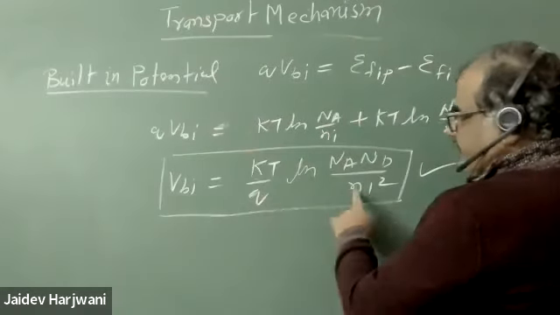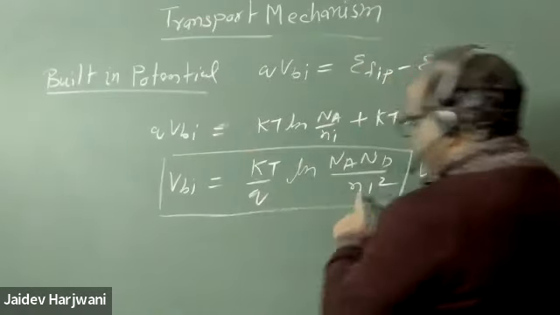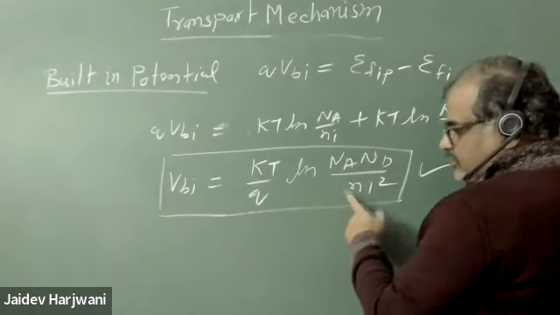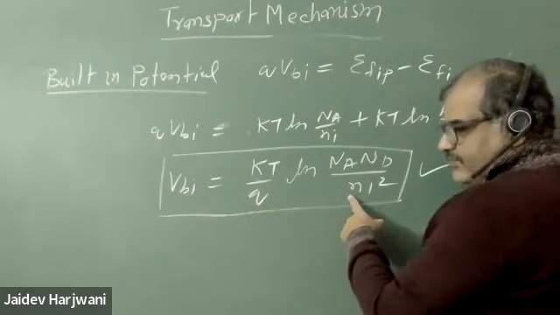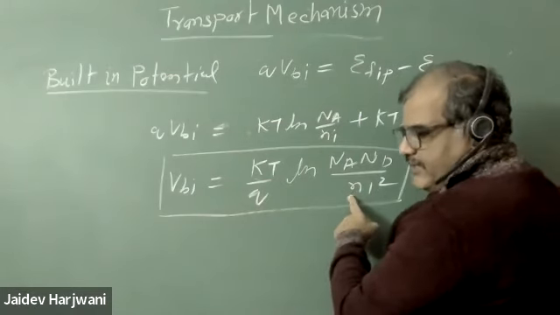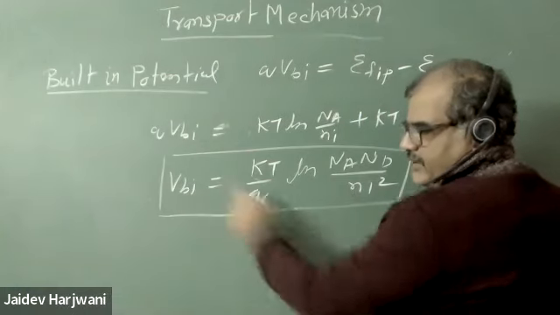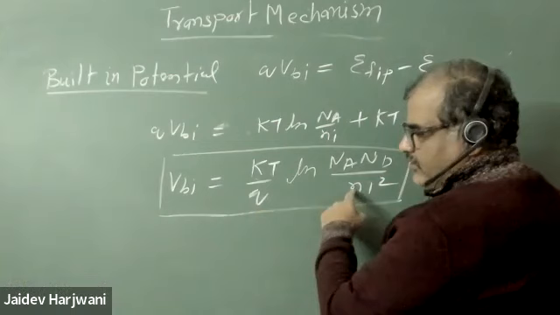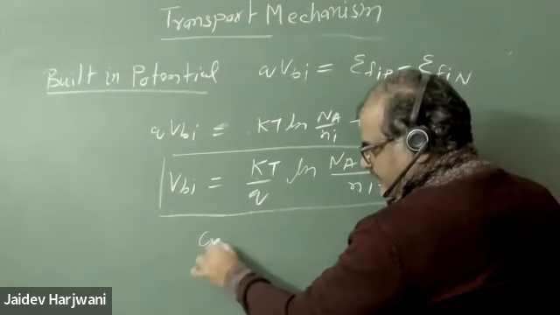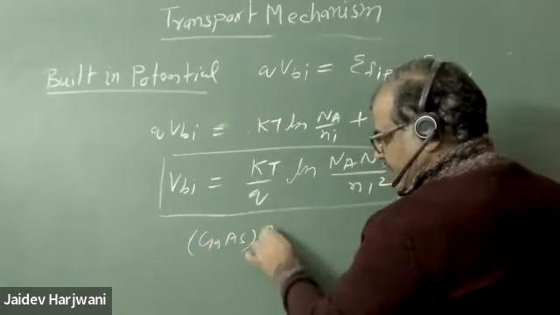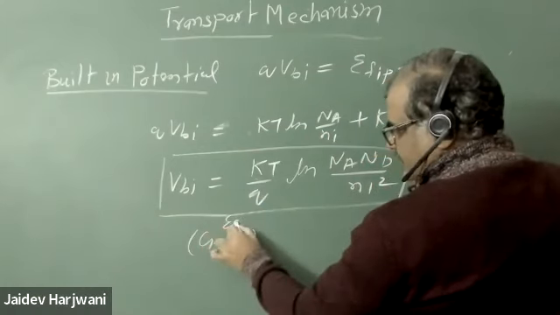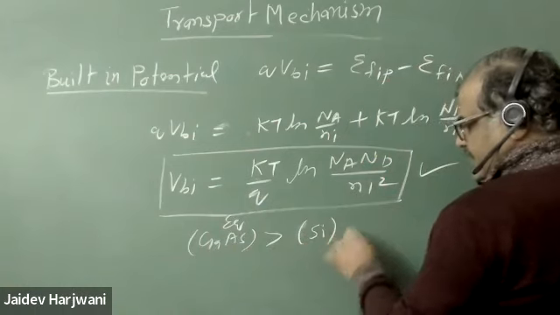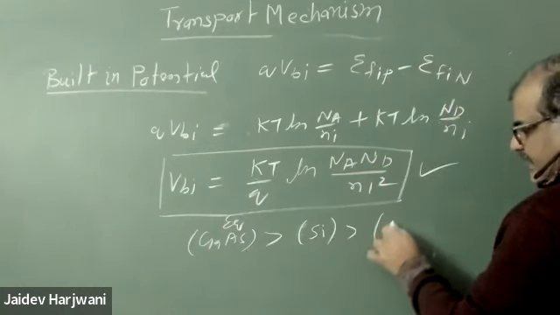Okay, now you can see VBI depends on carrier concentration, and carrier concentration depends on band gap. So the more the band gap, if you are making a PN junction out of a higher band gap material, then VBI will be what, low or high? High, because Ni will be low. If I take gallium arsenide, the band gap of gallium arsenide is higher than the band gap of silicon, which is higher than the band gap of germanium.